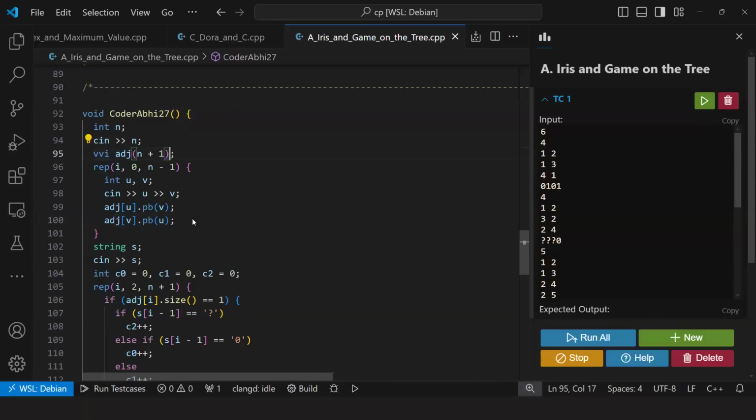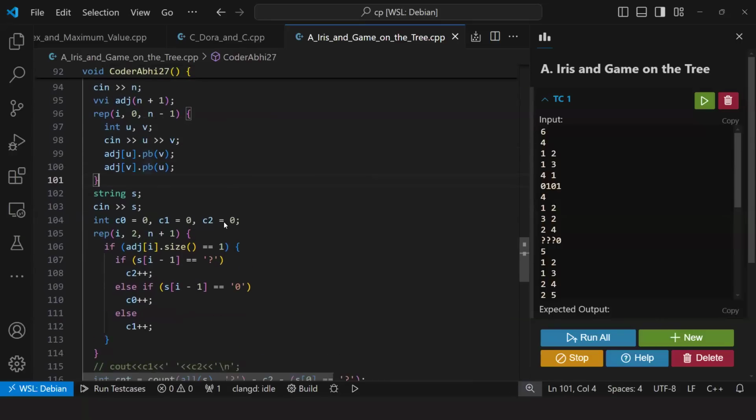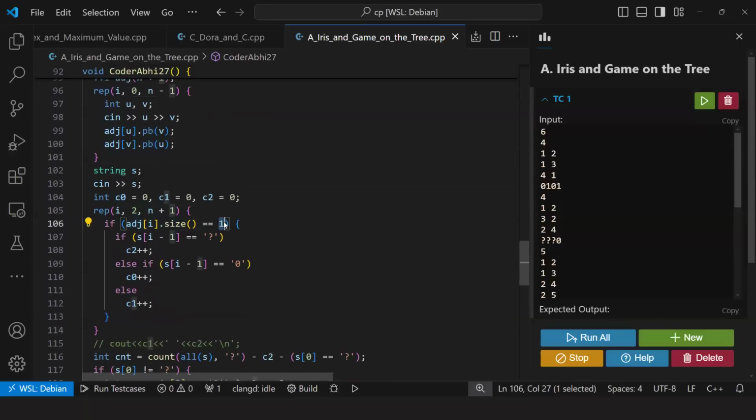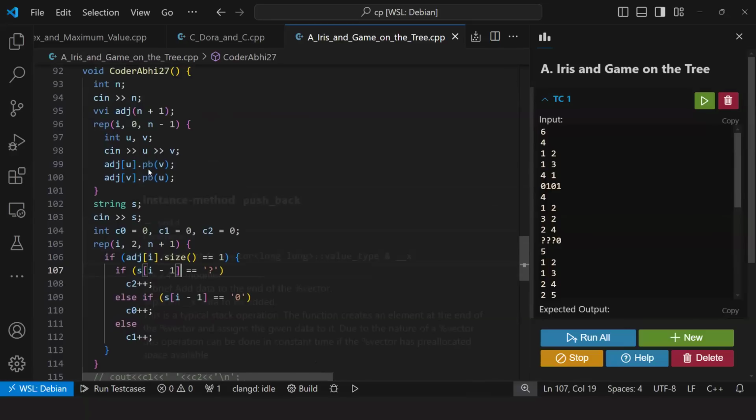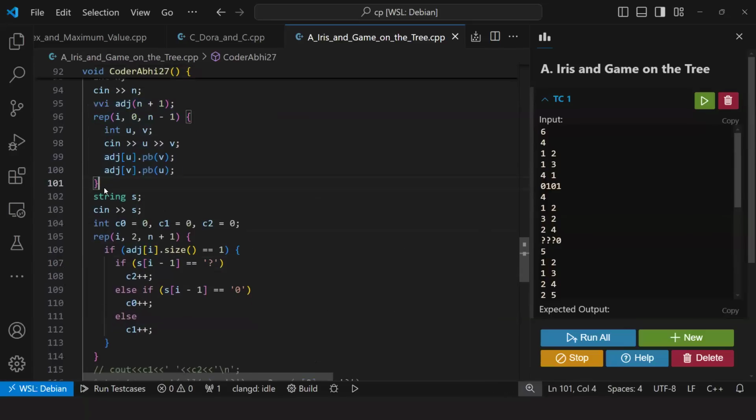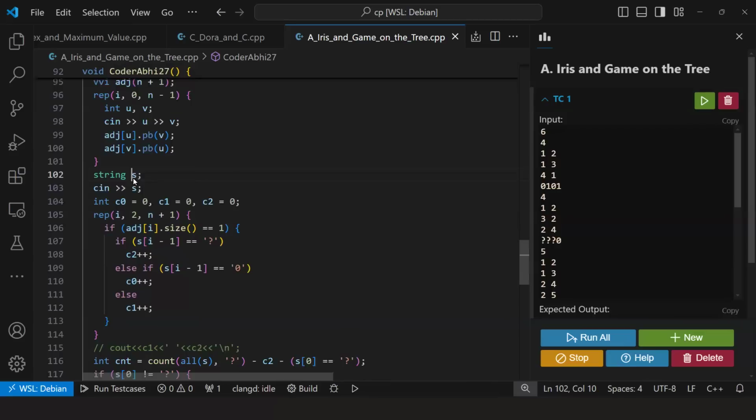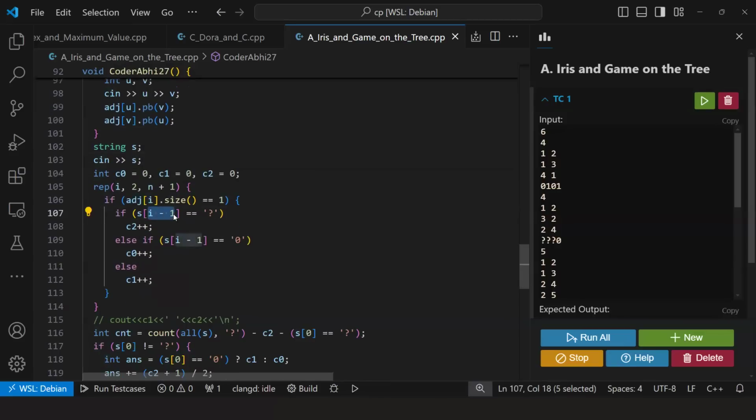If the size of the adjacency list is 1, it means it only has a single parent and there is no child of that, then I would say that it is a leaf node. And if this is a leaf node, I check S of I minus 1, because here I have taken 1-based indexing for my adjacency list, and my string S has 0-based indexing. That's why I'm converting from 1 to 0 to check. This I is from 1 to N, but the indexes of my string are from 0 to N minus 1. So that's why I'm taking S of I minus 1.